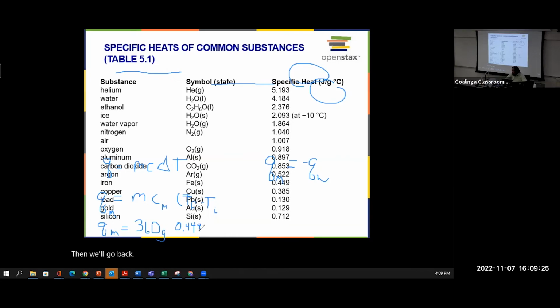The units were joules. We know the final was 42.7. Obviously, we're looking for T initial, right?